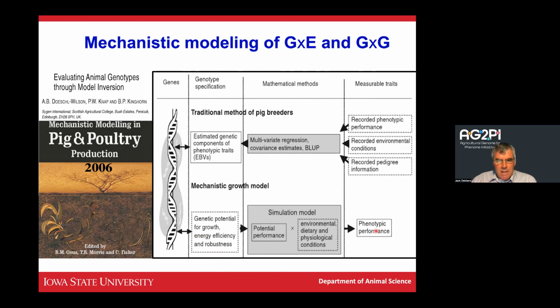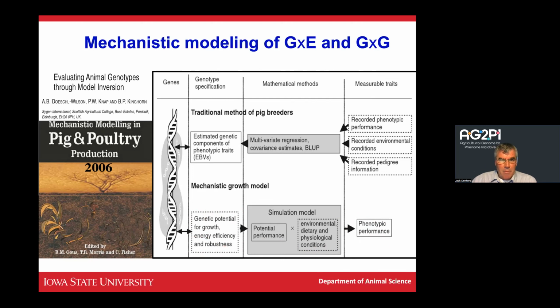Their idea was then to invert that model to, given the observed phenotypes, aim to get the estimated breeding values for growth, energy, efficiency, and robustness. At that time, the success of that was fairly limited, in part because statistical methodology like Bayesian methods and MCMC weren't available, and also in part because genomics wasn't available.